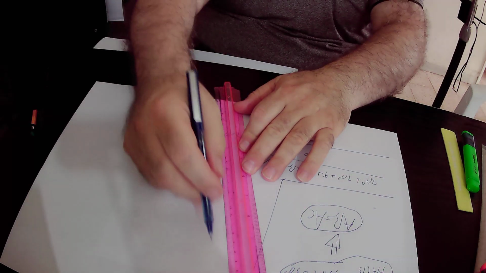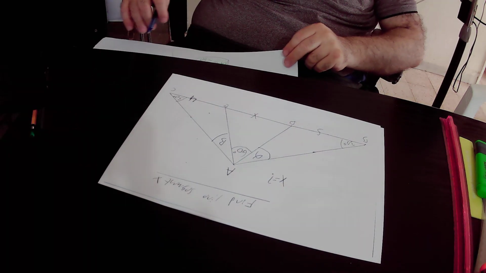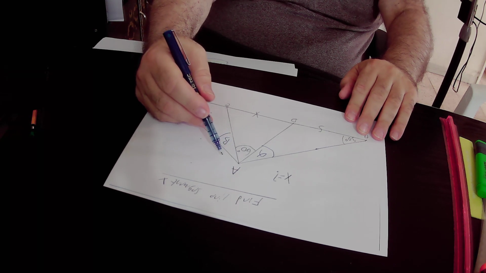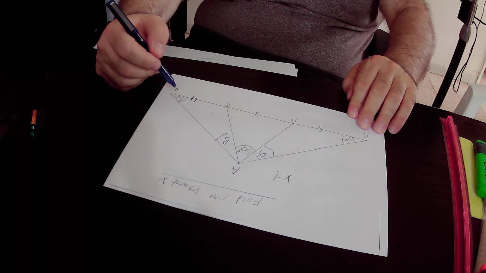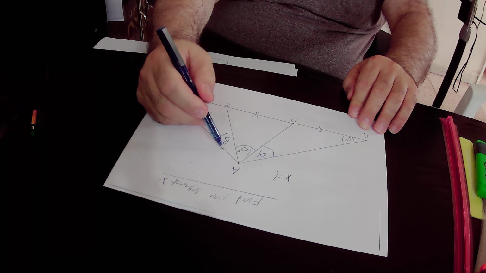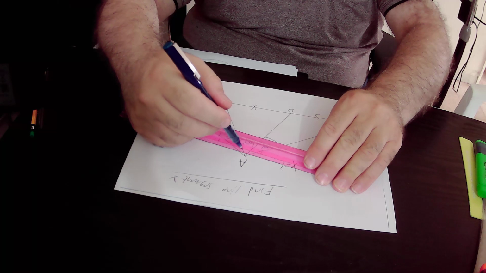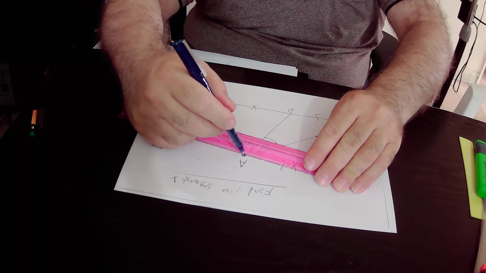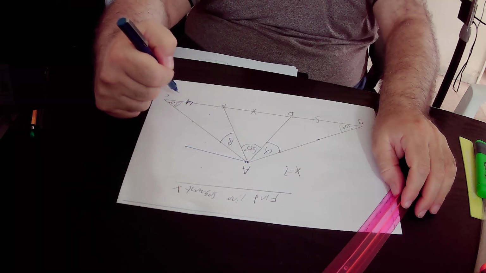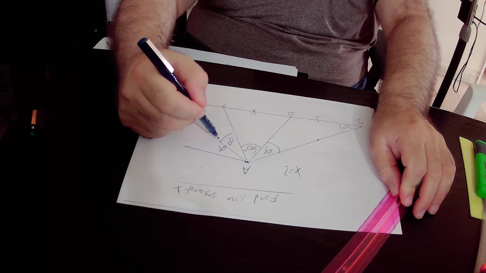In the next step, we'll do a construction. From point A, we'll draw a straight line in such a way that the angle between CA and the straight line is alpha. So this angle between CA and the straight line equals alpha according to our construction.